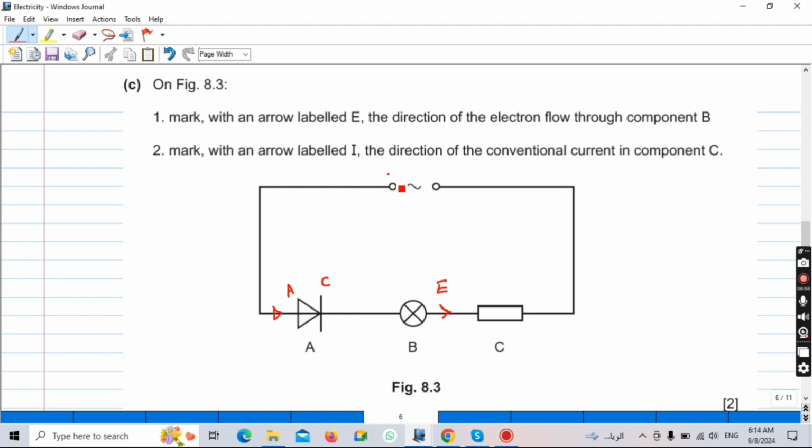But this kind of source is producing two-directional current. So it gives current in this direction, and it gives current in this direction. But remember, you have a diode in here, and the diode will allow current to pass only in this direction. So again, this is the current going to pass through the component C.